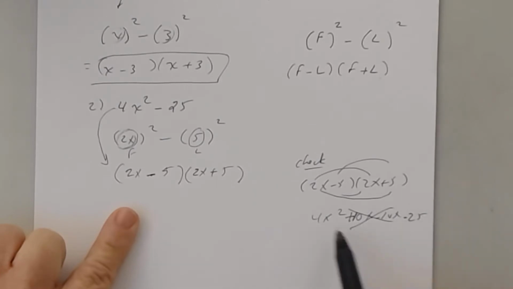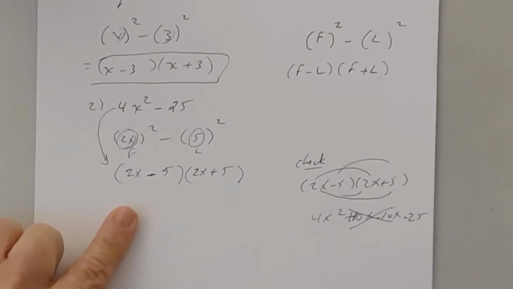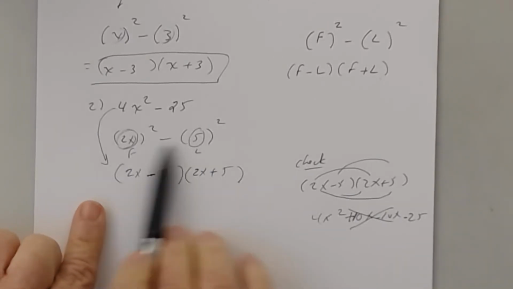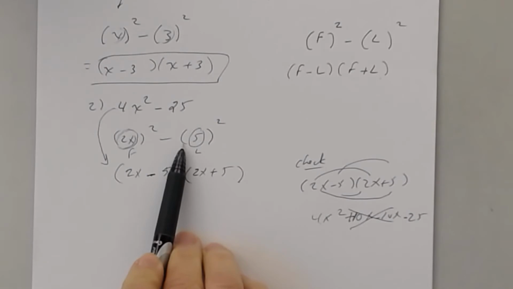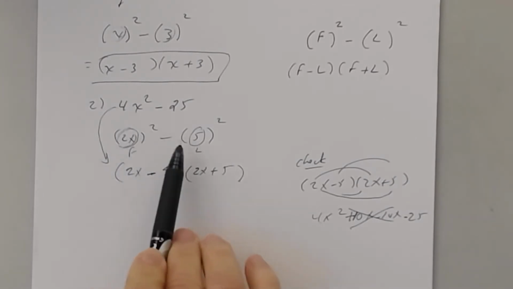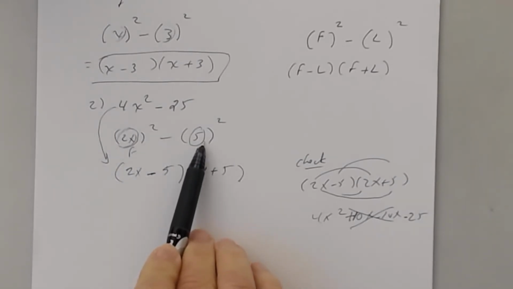Negative 25. So you get 4x squared minus 25, which is what you wanted. Now, I want to make a point that writing it like this, that's not the answer. You're just checking to see in your mind if this can be written as something times itself and then minus a factor times itself.